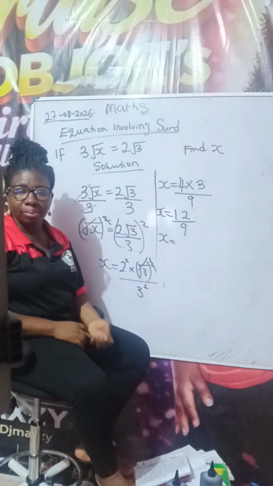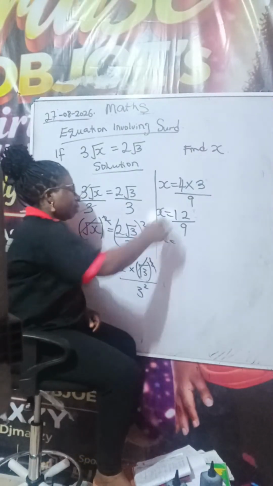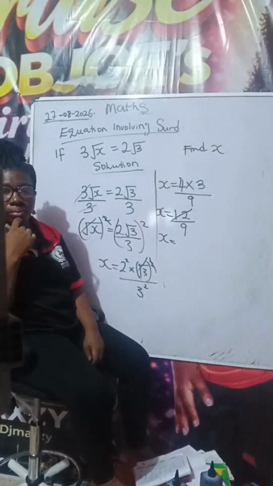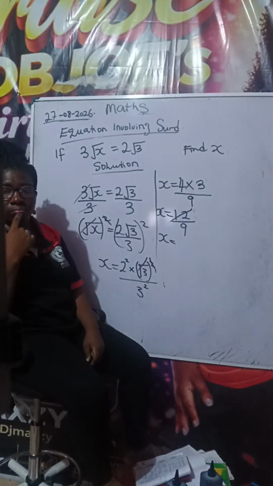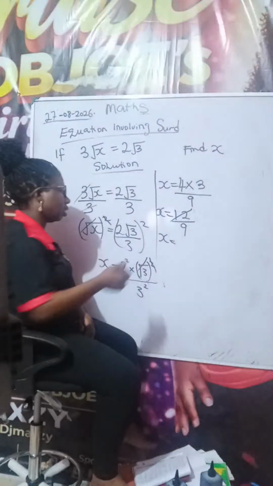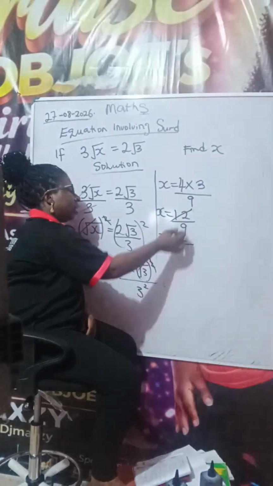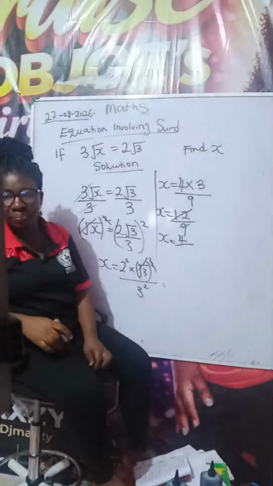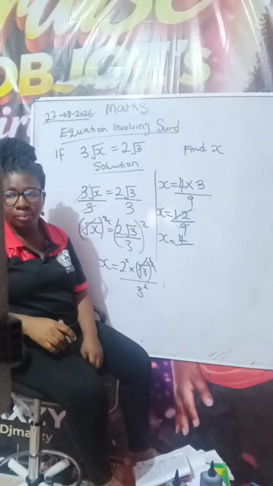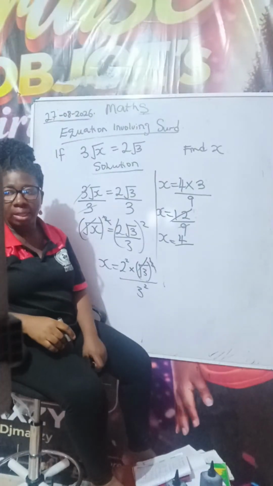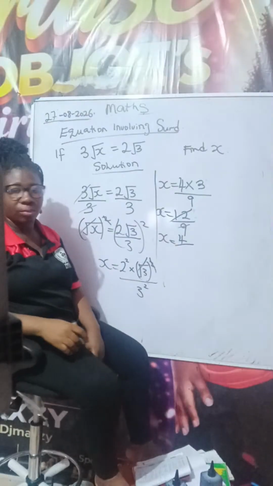So we divide by 3. How many 3 in 12? That will give us 4. And how many 3 in 9? That will give us 3.